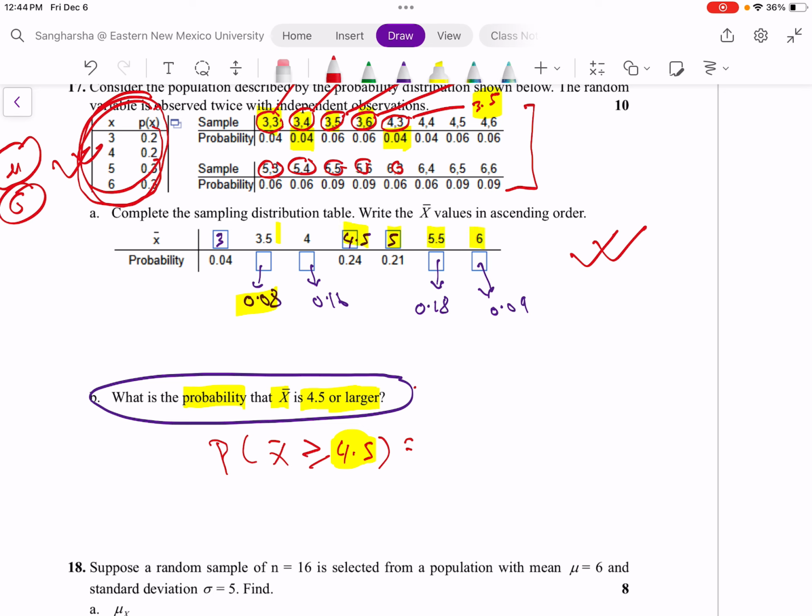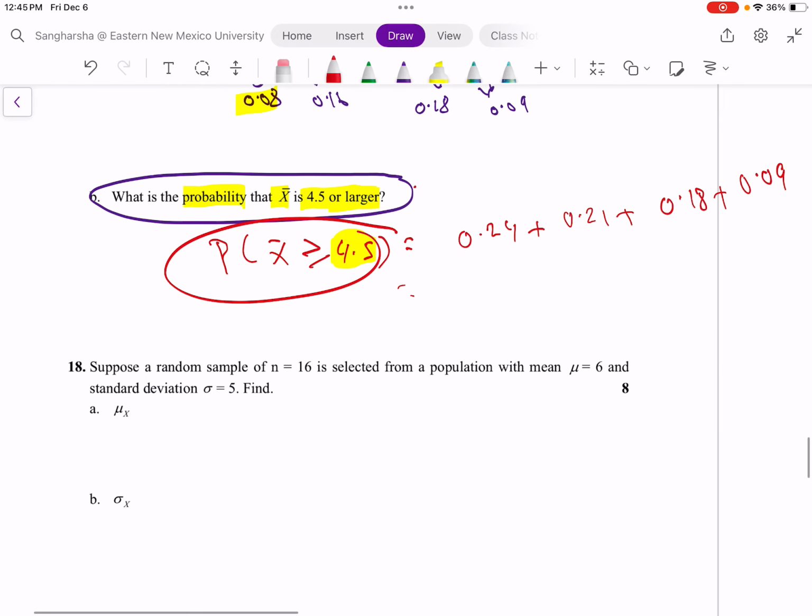So this is probability of 4.5, that is 0.24, plus probability of 5, 0.21, plus probability of 5.5, 0.18, plus probability of 6, 0.09. And that is the probability here. We can also call this a discrete probability distribution. Any question?